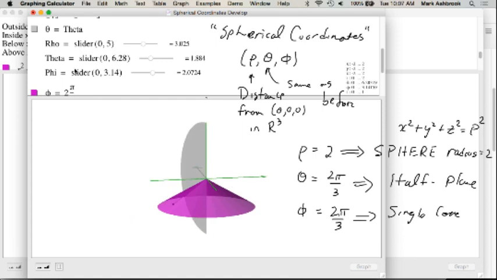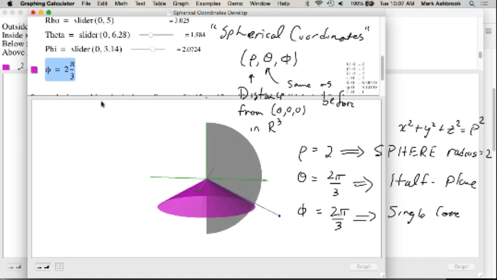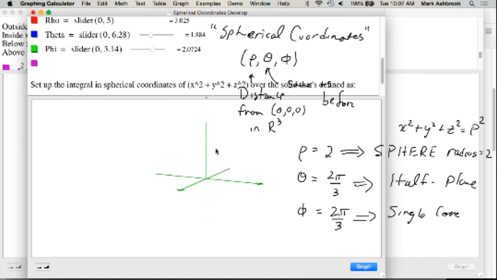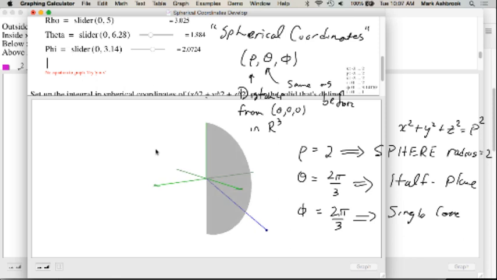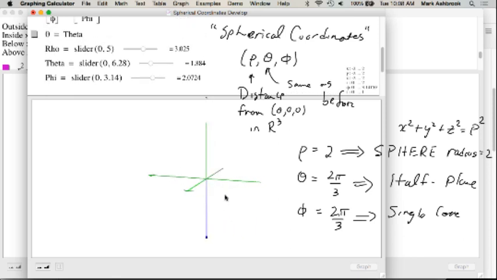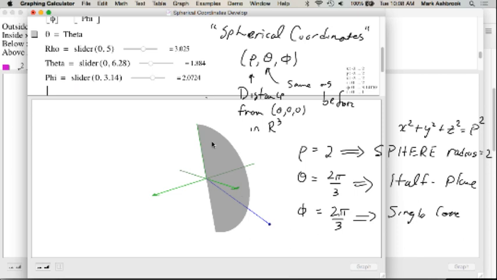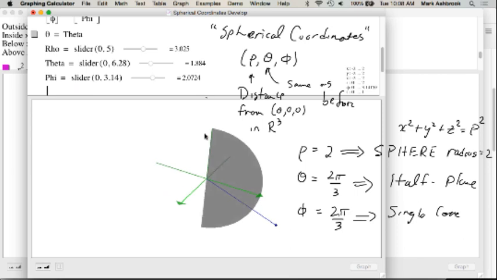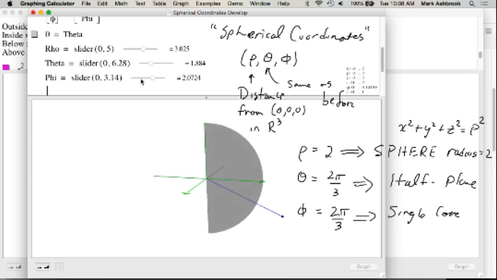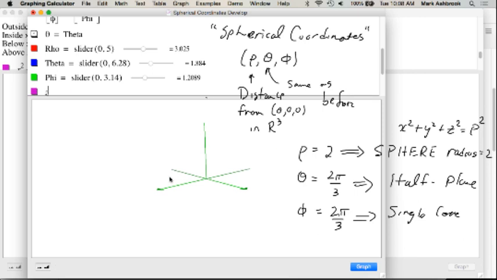The way we're going to do that is we're just going to take a point. So I'm going to turn this off. All right, and then let's do a positive phi. Smaller rho.